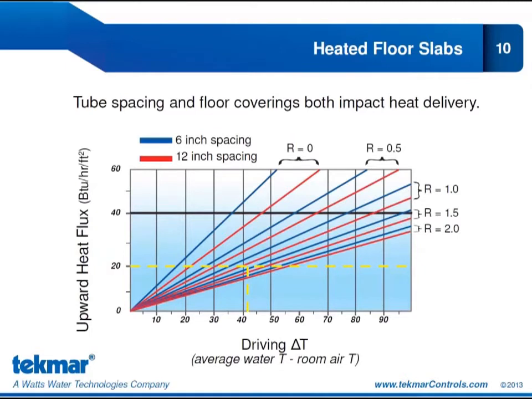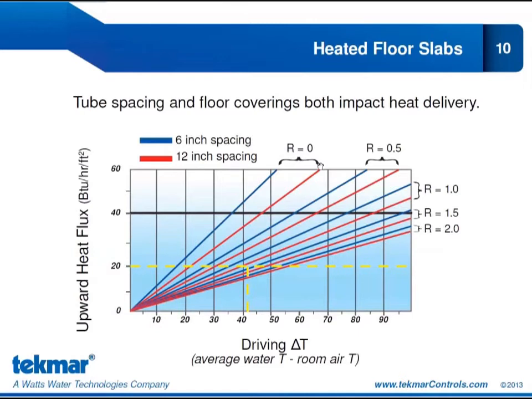This graph is showing how floor coverings and tube spacing affect the heat flux for a heated floor slab. So we have a variety of different lines on this chart, and they're in pairings, and each pairing corresponds to a different R value. So here the blue and the red are both for an R value of 0.